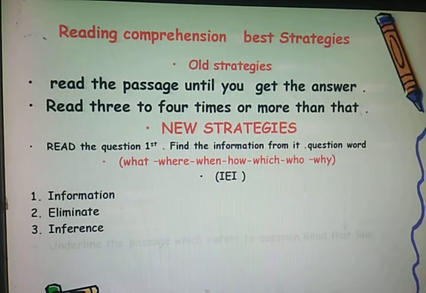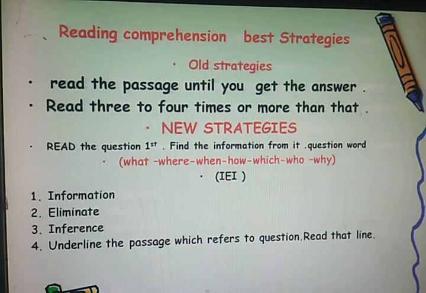Number 4 point, underline the passage which refers to a question. Read that line, which means you have read the question, you have underlined the key word of the question, and then you find the same in a line in the passage.